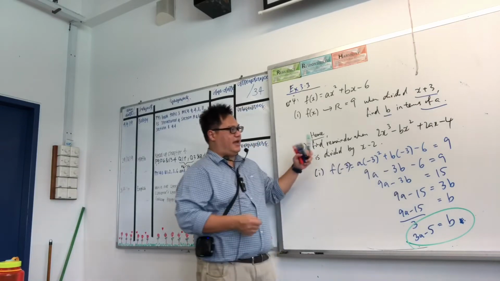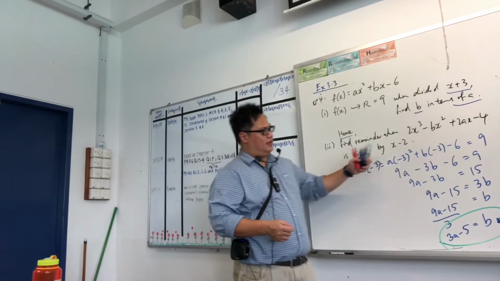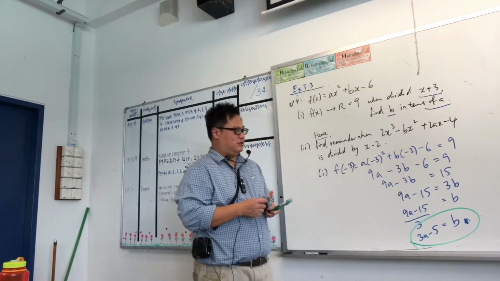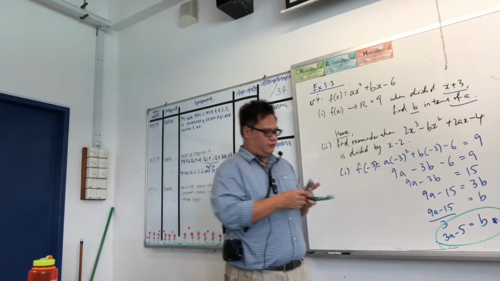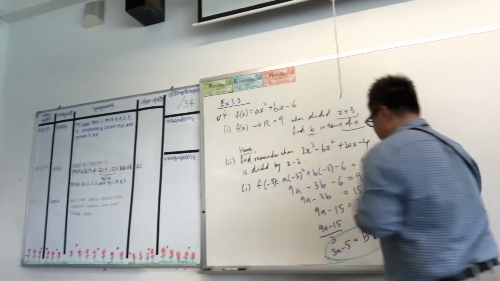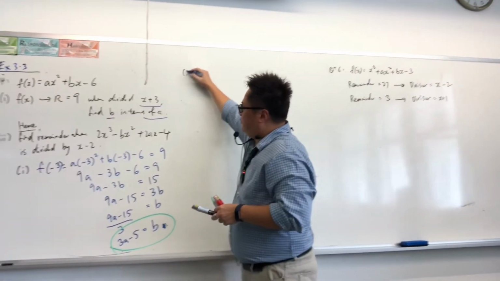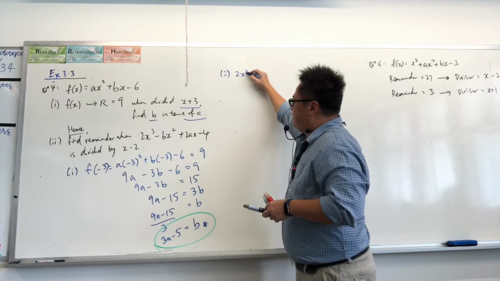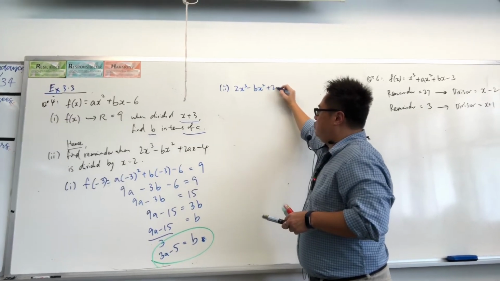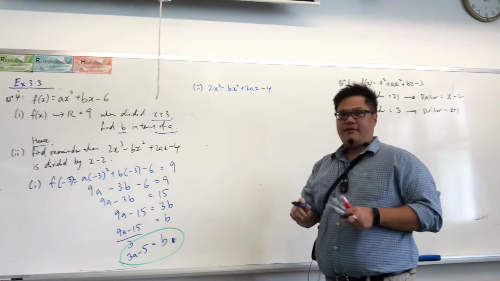Part 2 says, hence, can you find the remainder when this expression is divided by x minus 2? So let me make use of part 1's answer. I plug it in. For part 2, I have 2x cubed minus bx squared plus 2ax minus 4. Am I right?